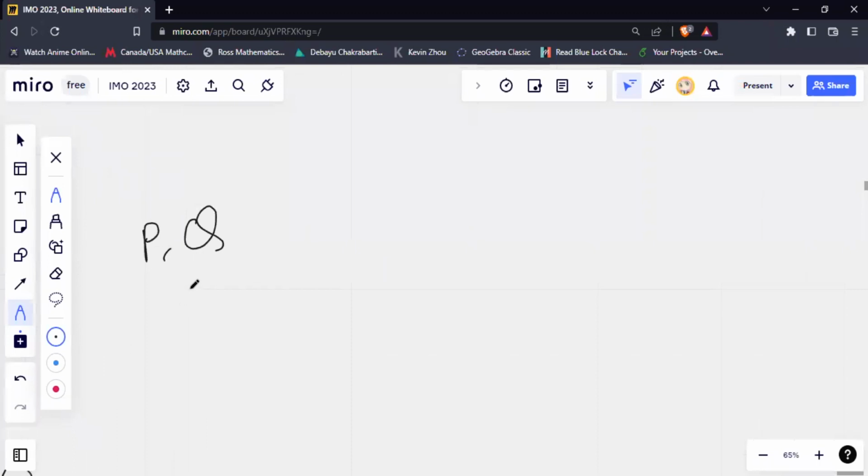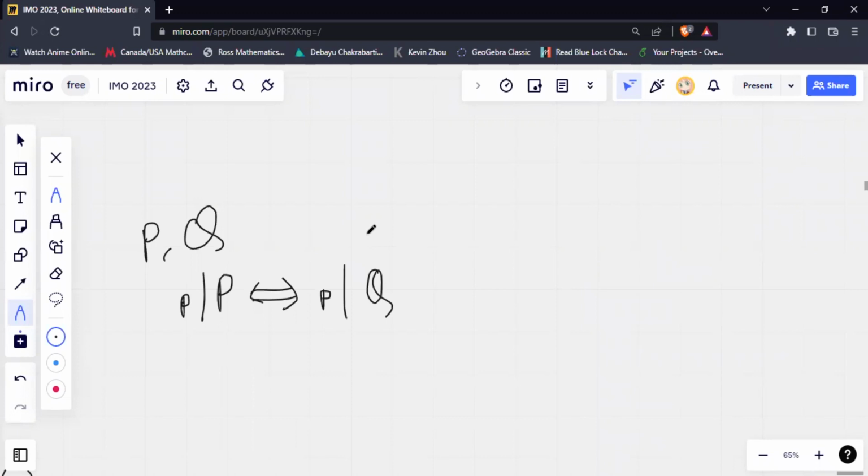Suppose every prime p divides the polynomial p if and only if p divides q, which means both of them have the same set of primes dividing them.